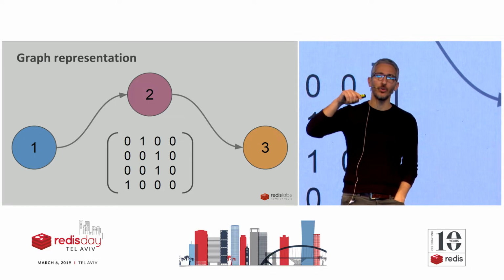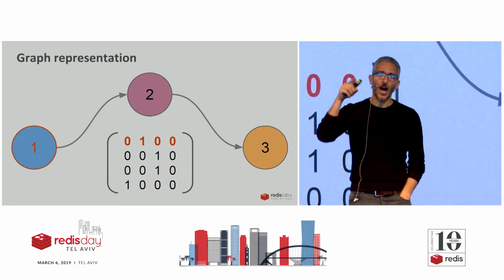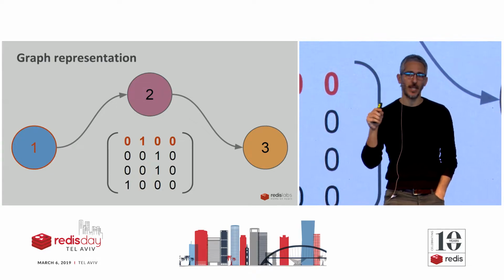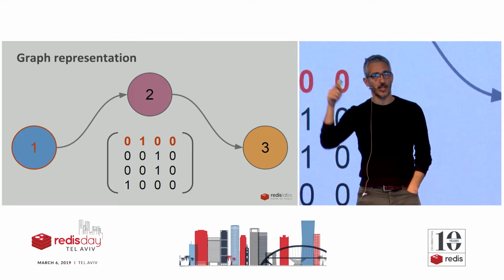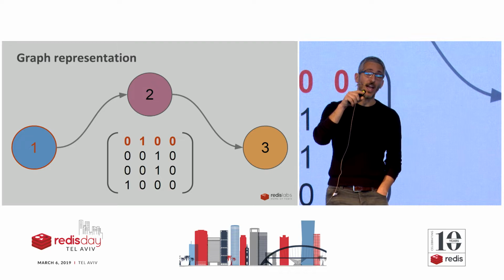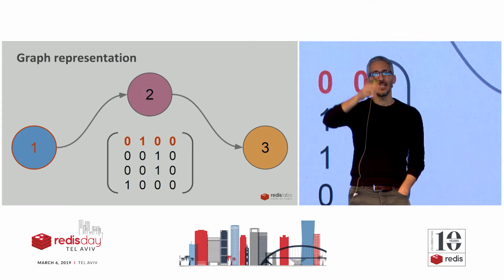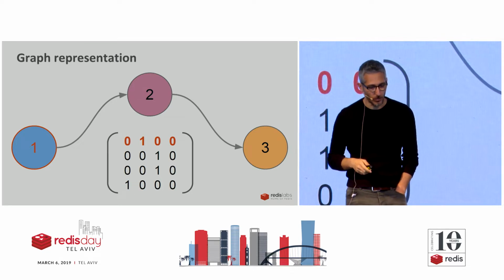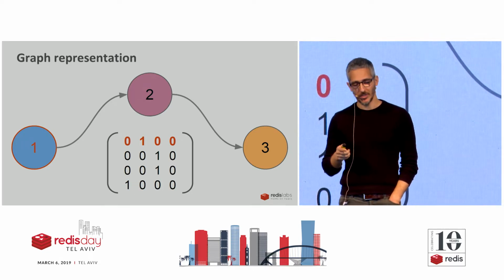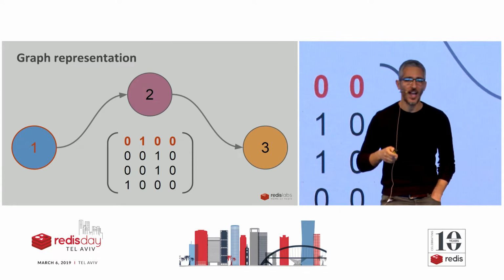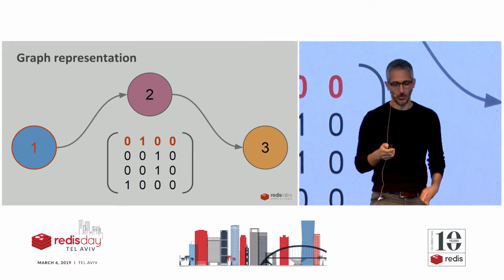And if node I is connected to node J, then the ij entry within that matrix will have a 1 in it. Here we see that node 1 is connected to node 2, and so we will have a 1 representing that connection in the first row, second column. That's the entire idea behind matrix representation of a graph. You have the entire graph structure within a single table.